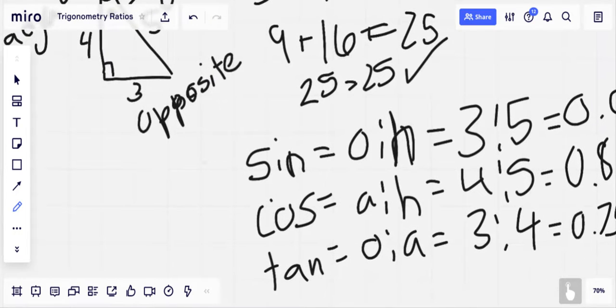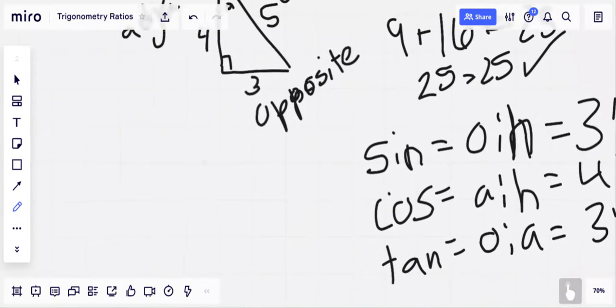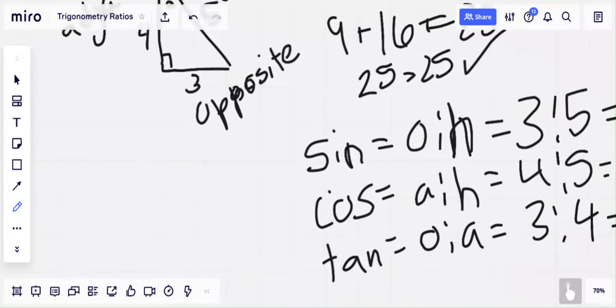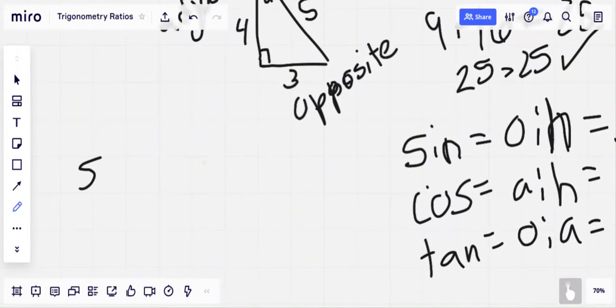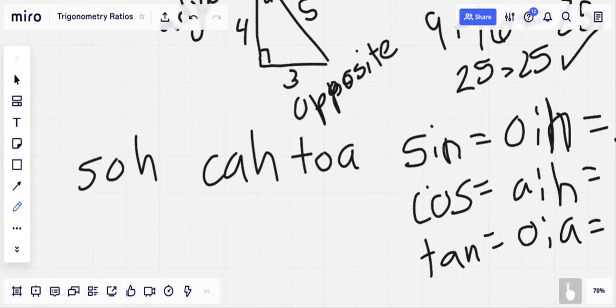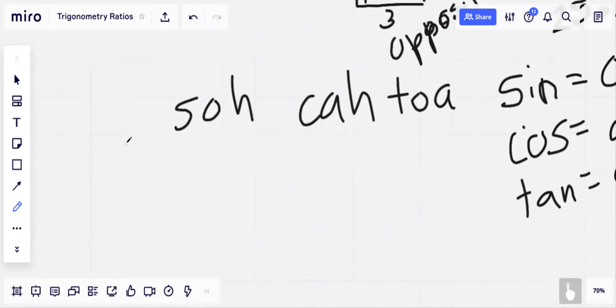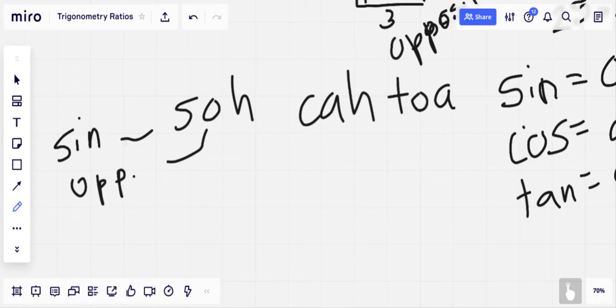There's a helpful saying that we can use to remember the sine, cosine, and tangent ratios. You can remember it as SOH, CAH, TOA. SOH: sine is equal to opposite over hypotenuse.